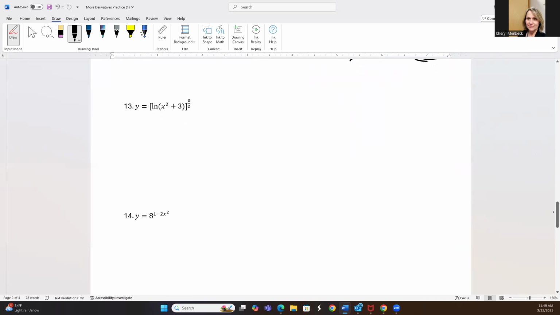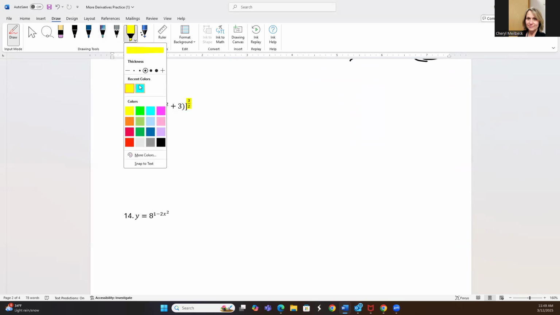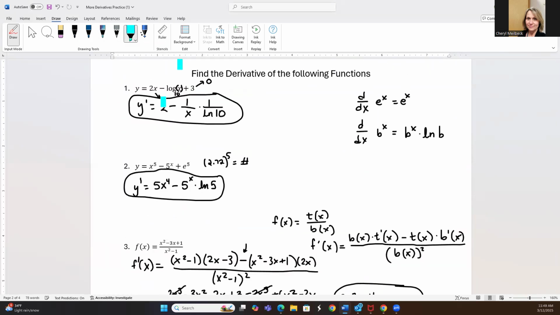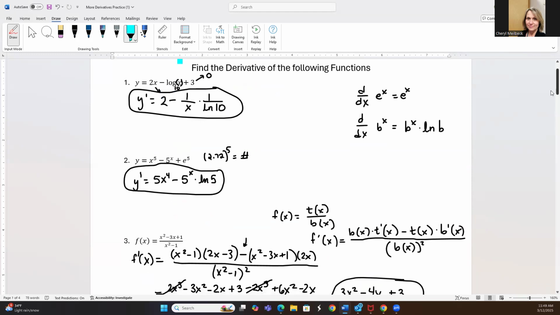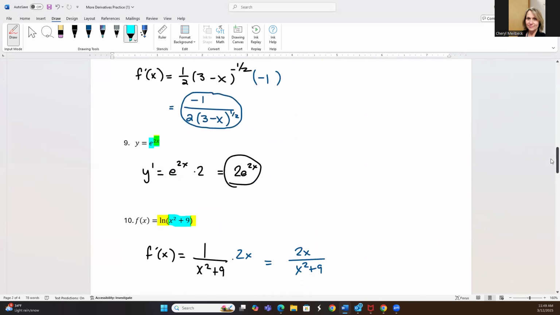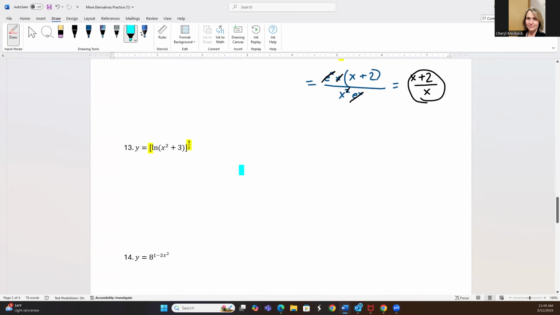In problem 13, it looks like we have a massive chain rule incident. We have the outside function, which involves the power rule. We have the next function, which is the natural log.